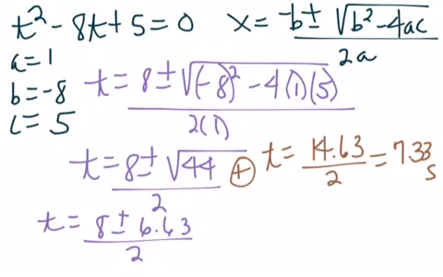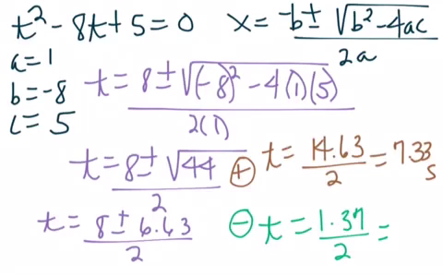If you use the negative, which means 8 minus 6.63, you get 1.37 divided by 2, which is 0.68.